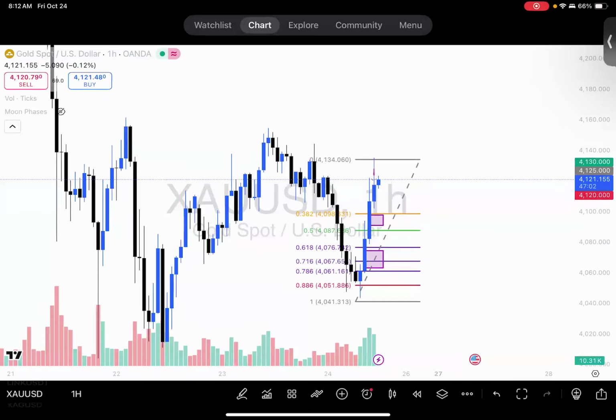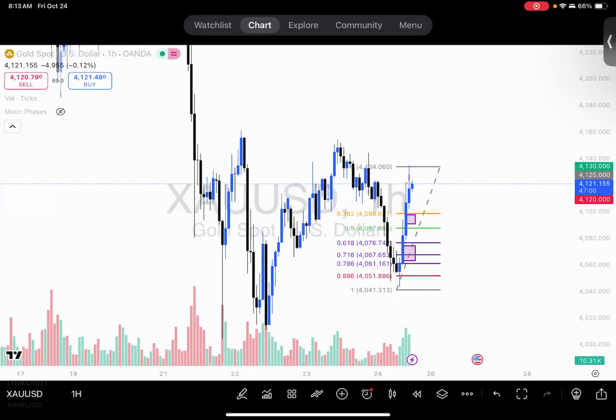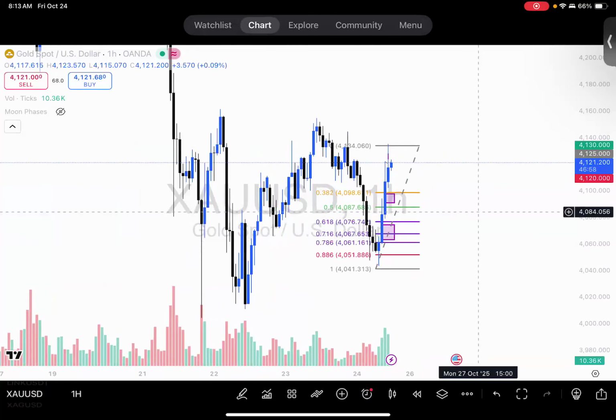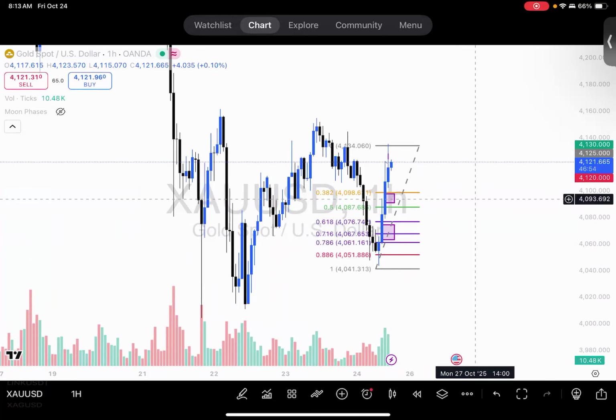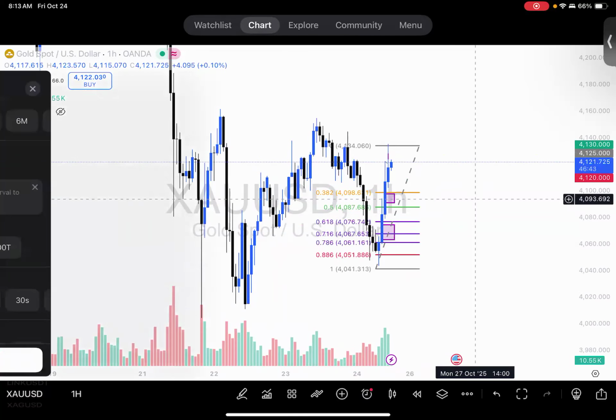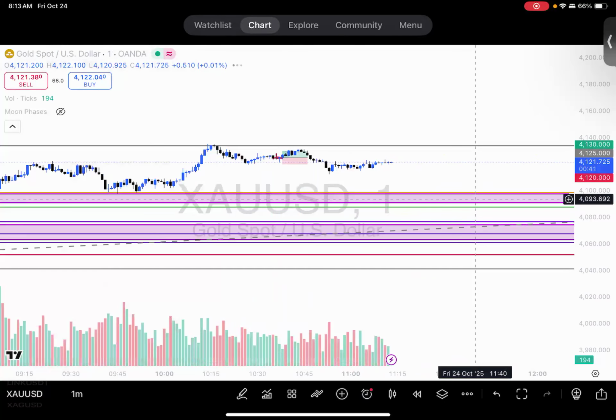But as of right now, looking to take this trade to 4,095 if we get this market to react in our direction, which right now it's not really doing. But I don't think the market knows what it wants to do right now.